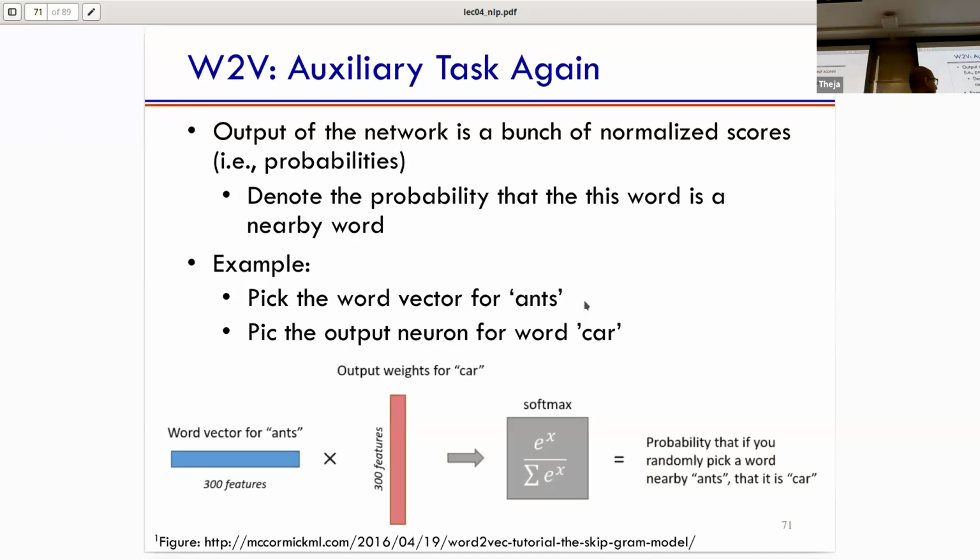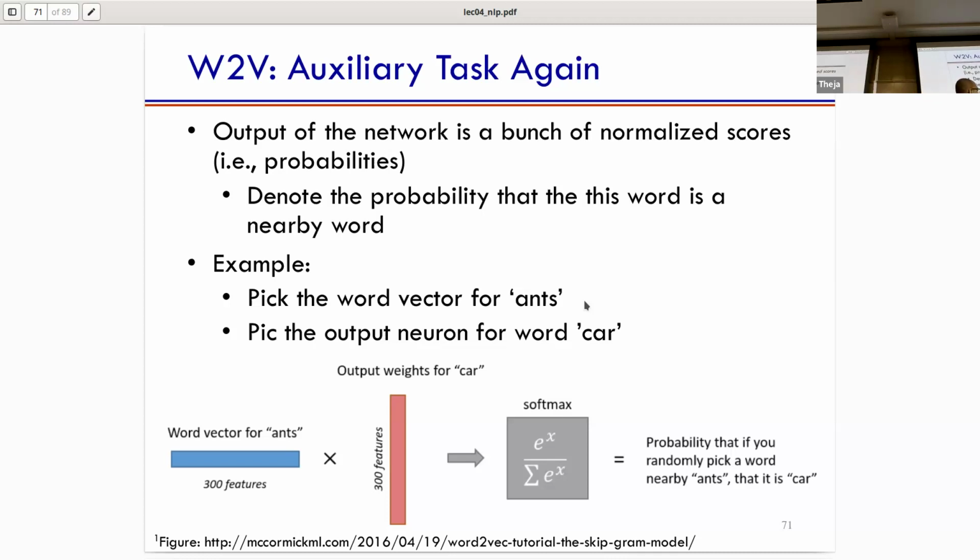Now, let's say there's a word ants, and let's say there's a word cat in the vocabulary. So what is happening? In the first operation, if our input word is ants, we just pick up the vector corresponding to ants. That's the hidden vector computation.